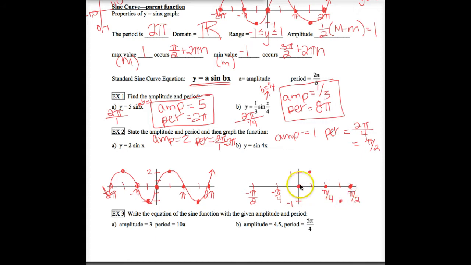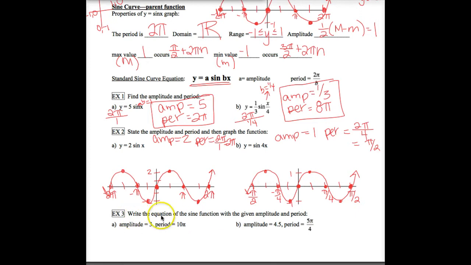Over here, middle, down, middle, up, middle. So then I just have to draw in my wave here, making sure I make the right shape. Arrows on both my ends, and there is my graph.